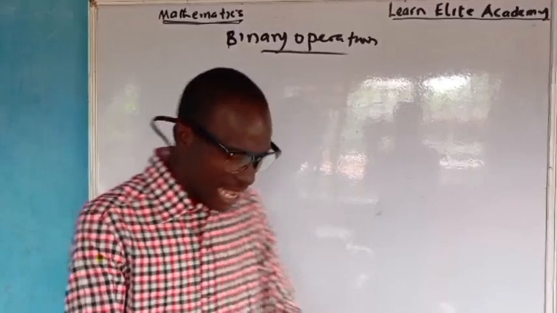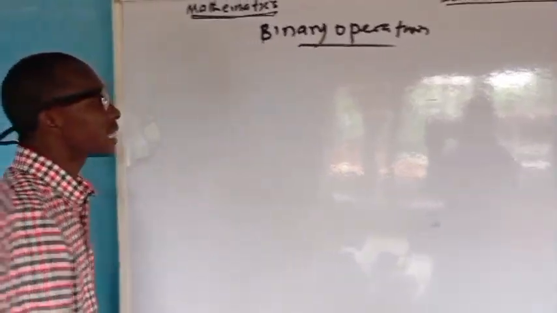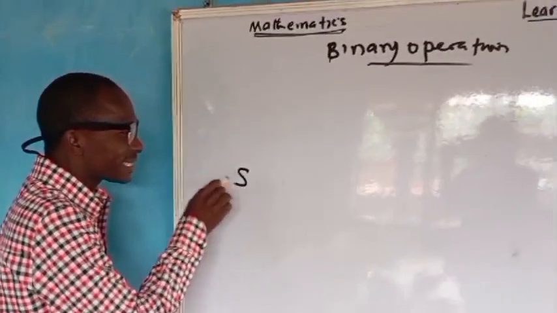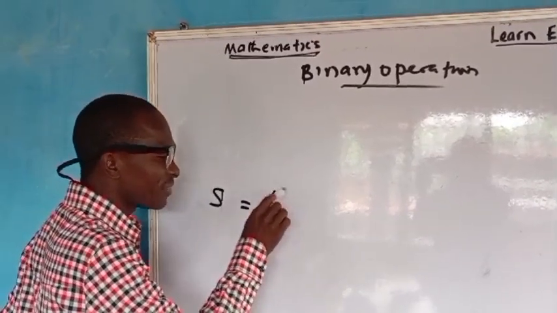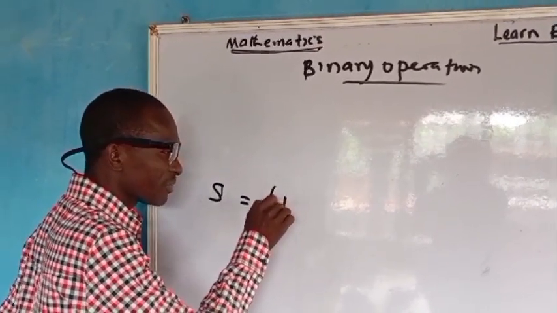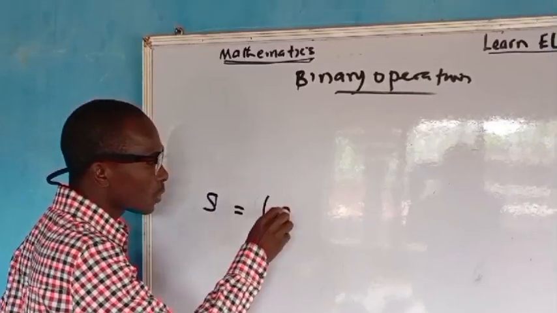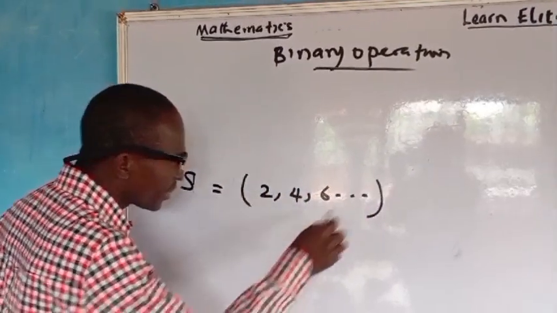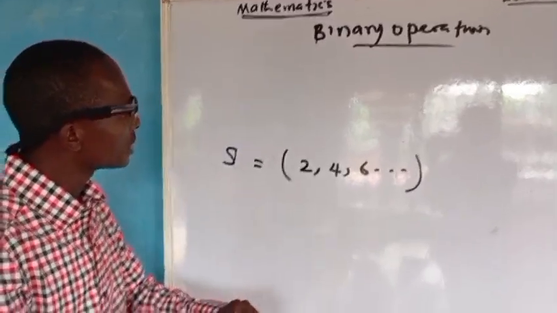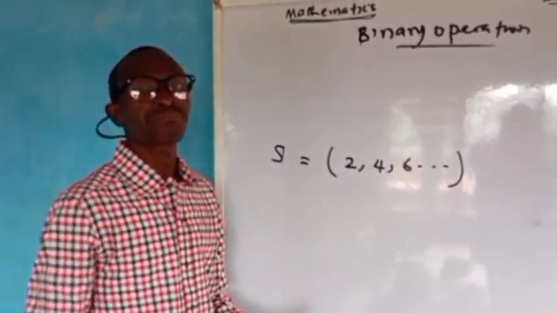Now look at this. If we are given a set S, and that set S is a set of positive even numbers. For example, we have 2, 4, 6, and so on.